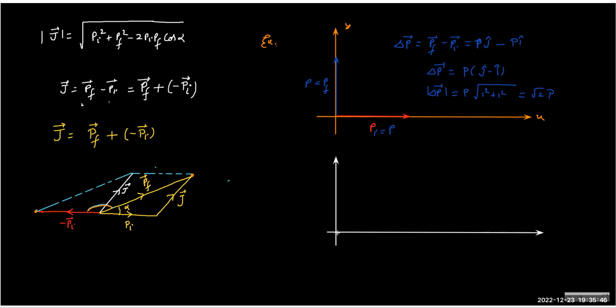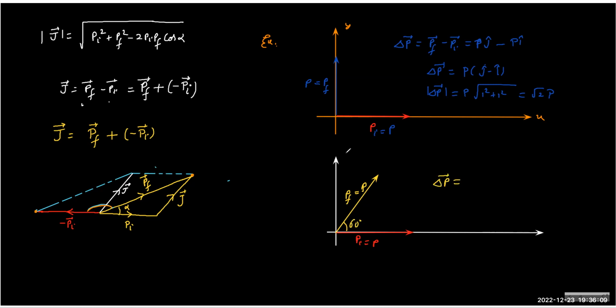So imagine we have an initial momentum here. And imagine we have the final momentum here. And numerically it is the same. And the angle is theta.